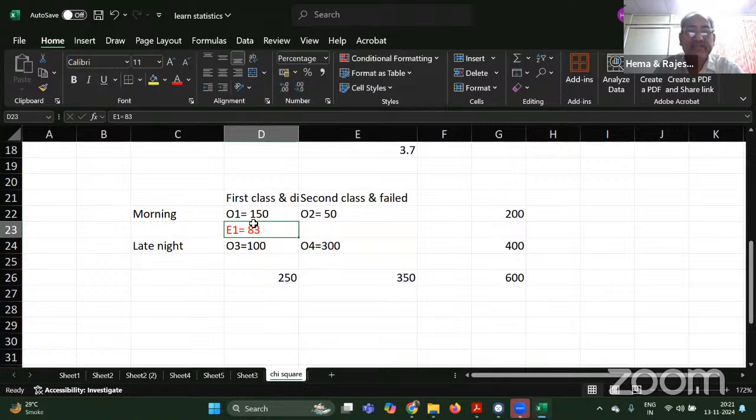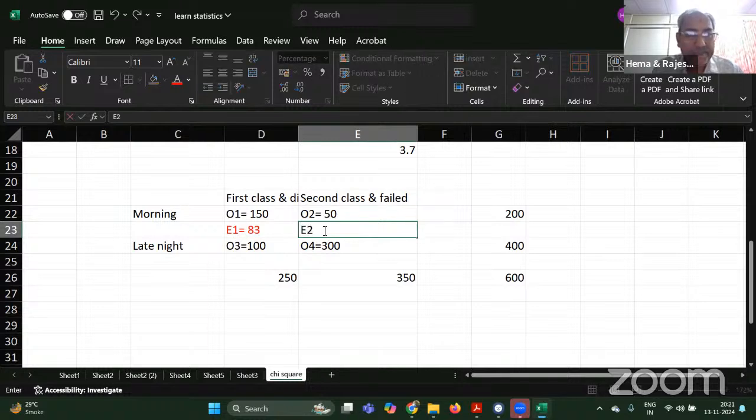Once you change this number, the rest of the three are automatically fixed, because this number will come as 200 minus 83. So automatically E2 is equal to 117.